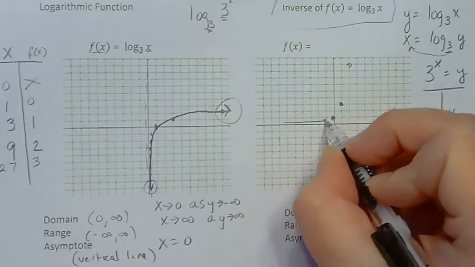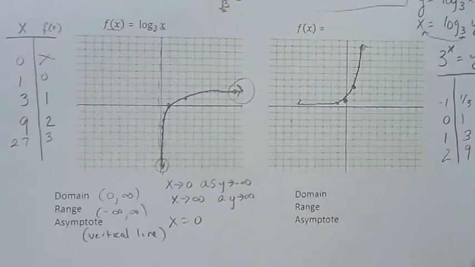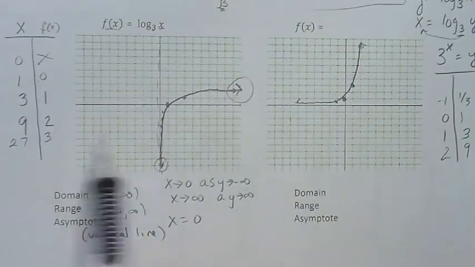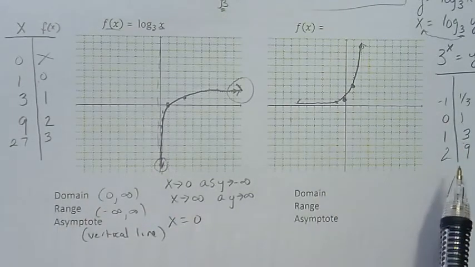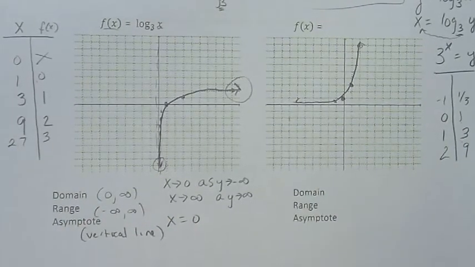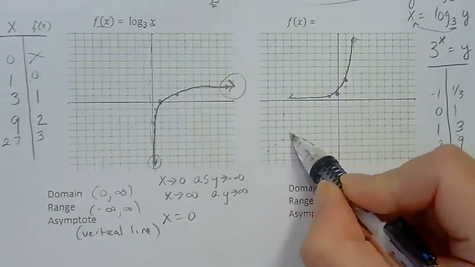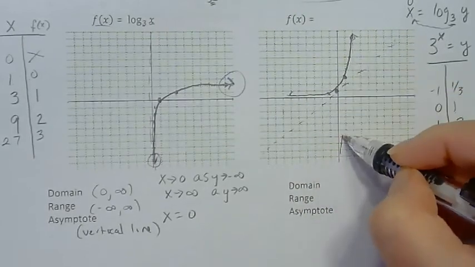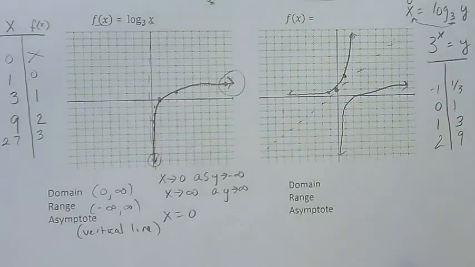So you can see how the x and the y are just flipped. On this graph, it's 1, 0. On that graph, it's 0, 1. 3, 1 and 1, 3. 9, 2 and 2, 9. So these would be inverse functions. In fact, if I drew in the line y equals x, this would be a reflection like this. So you can see how they're inverses.